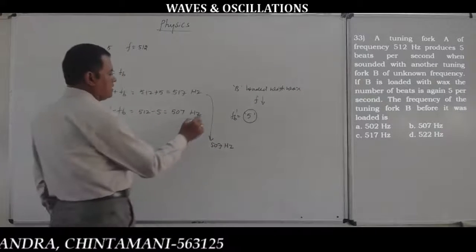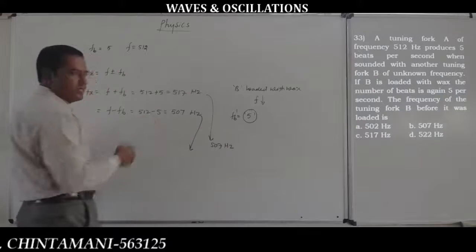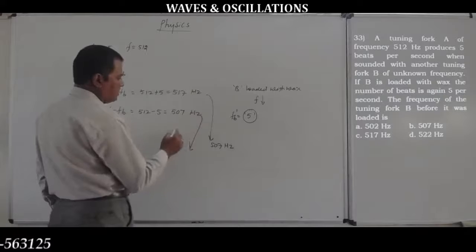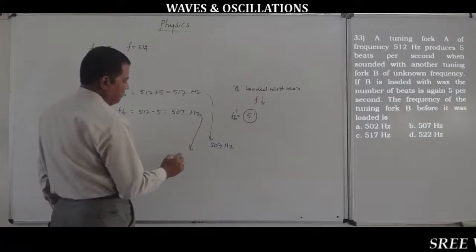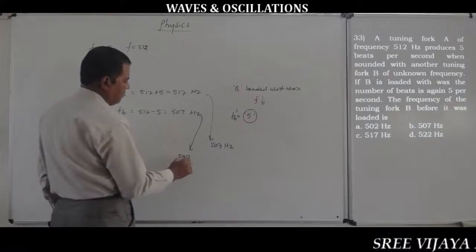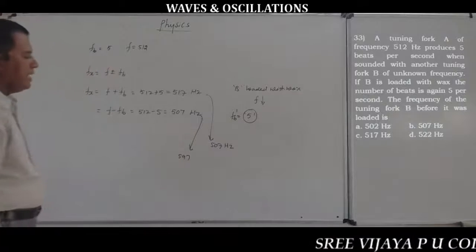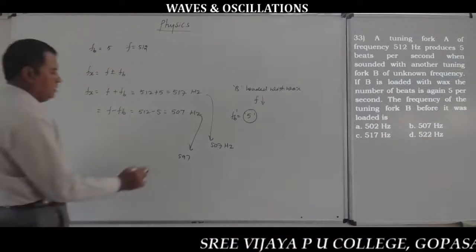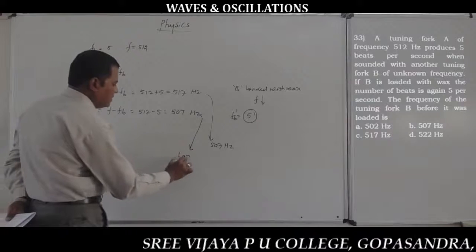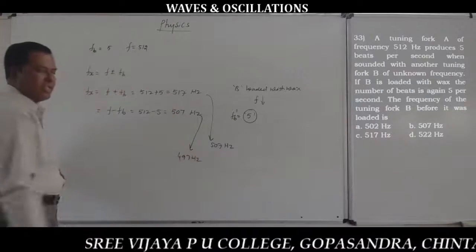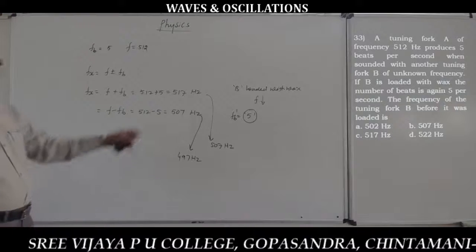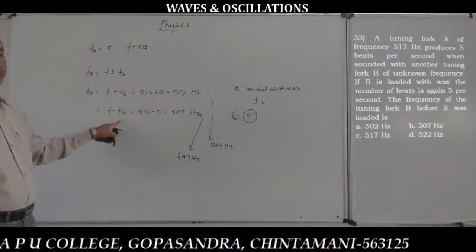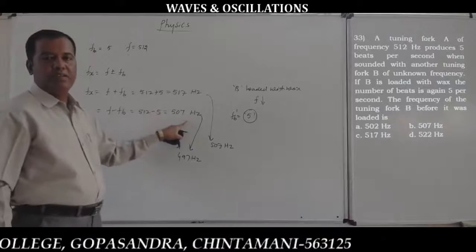Second case, after loading with wax, suppose it comes out to be around, sorry, 497 Hz. I am considering both cases here. Before loading with wax, Fx is either F plus Fb or F minus Fb, 517 or 507.